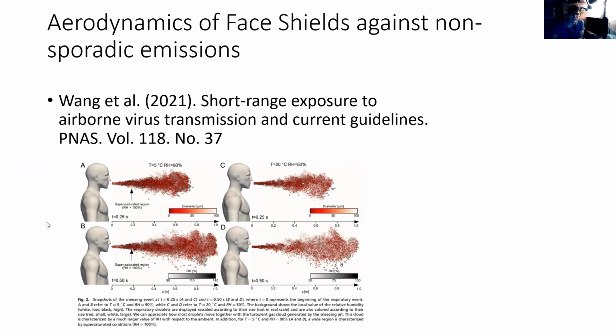The more equilibrium of humidity between the emission and the environment, the more the smaller droplets coagulate into larger droplets, and then they tend to fall to the ground. The bigger the humidity differential between the emission and the environment, the more diffusive it becomes. Hence it is said that it transmits more indoors than outdoors, because outdoors the humidity balances faster, unlike indoors where there is a differential and mixing.